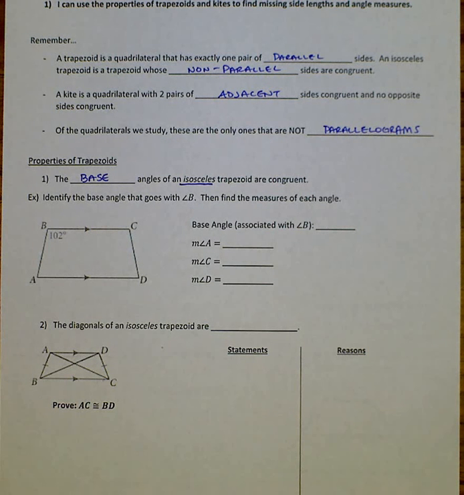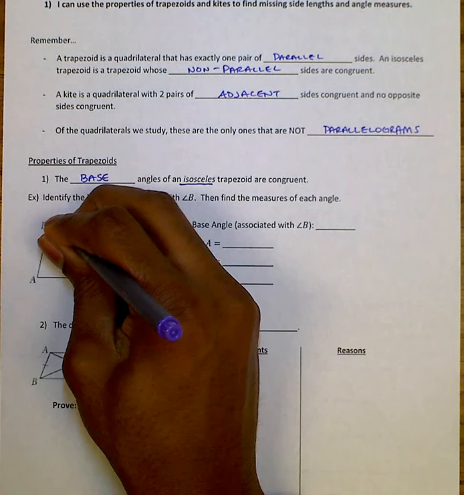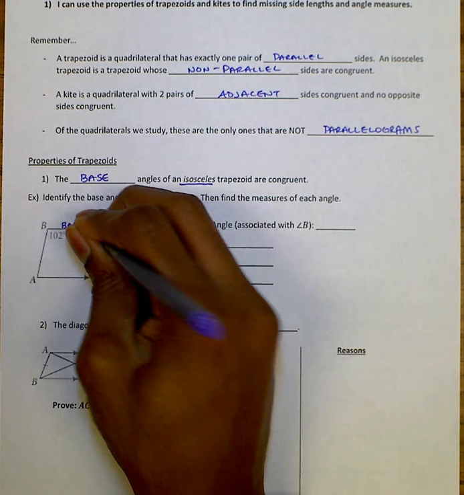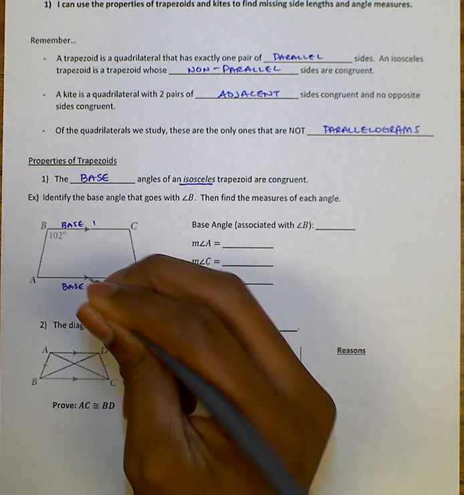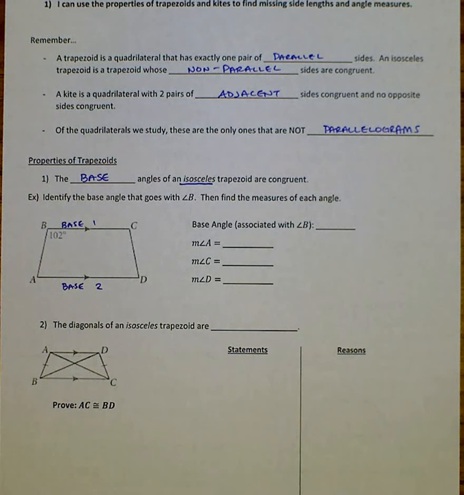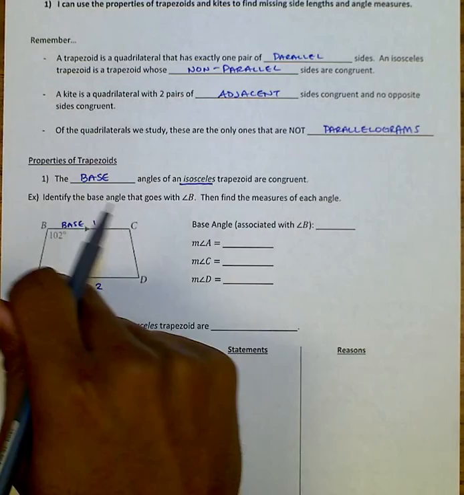So when we talk about base angles, we want to make sure that when we look at our trapezoids, the parallel sides are what we call bases. So each trapezoid has two bases, base 1, base 2, doesn't really matter how you name them. Just know that BC is a base and AD is a base.